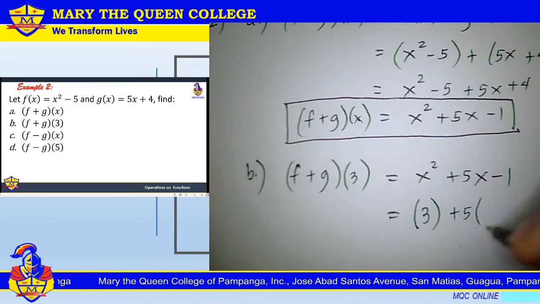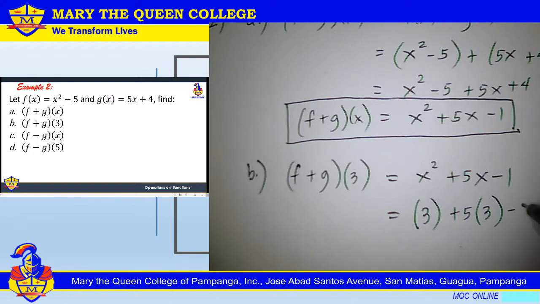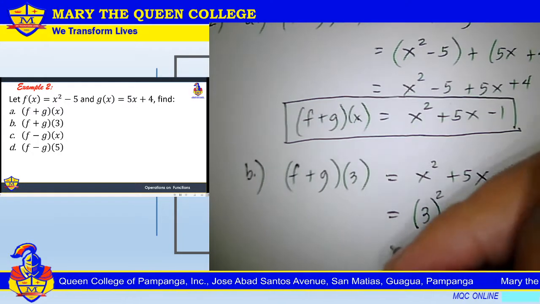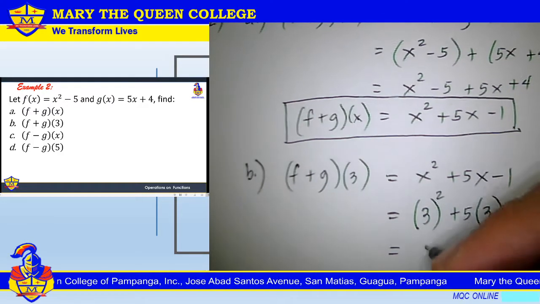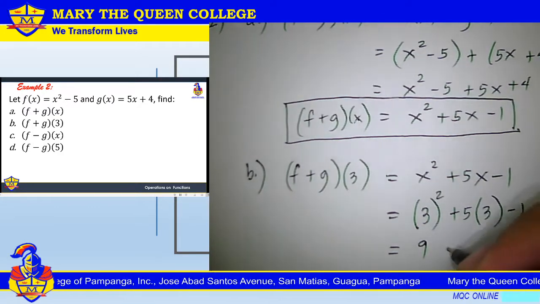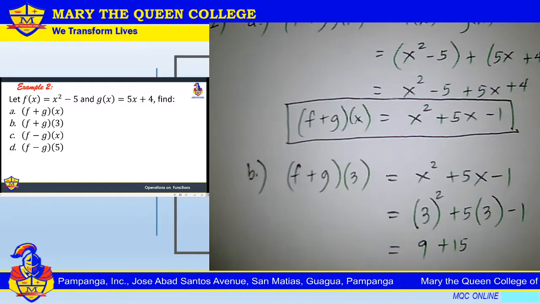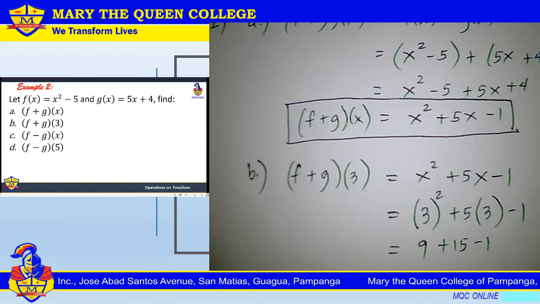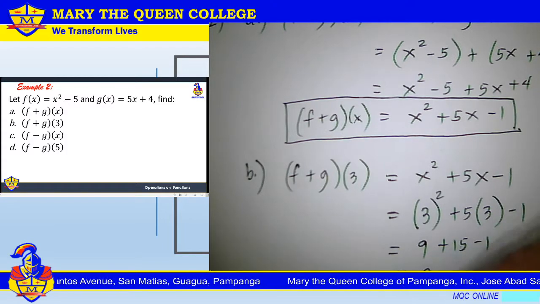Plus 5 times 3 minus 1. 3 squared. Then, simplify natin. 3 squared is 9. 5 times 3 is 15 minus 1. Okay? So, 9 plus 15, that is 24. Then, 24 minus 1, that is 23.